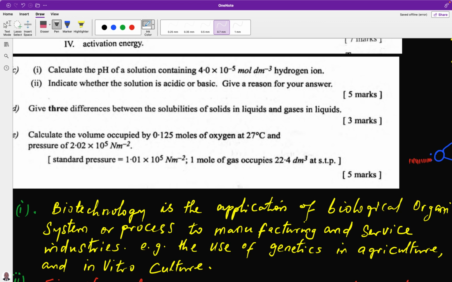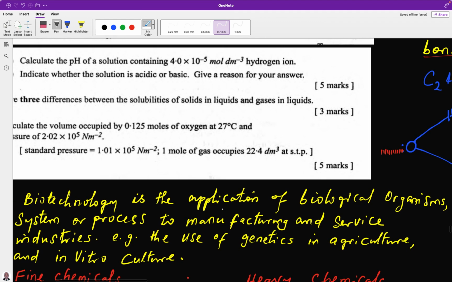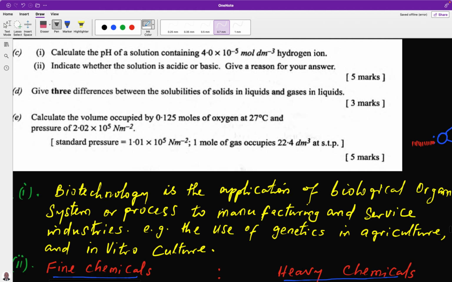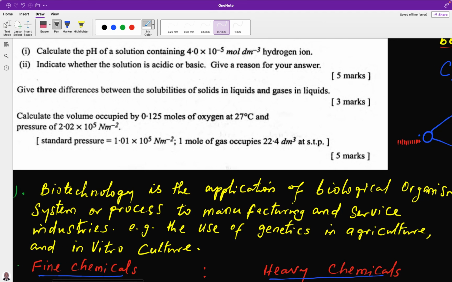Our agricultural yield or produce are higher nowadays than before, with crops, with animals, and even human beings, because of biotechnology. So, what is biotechnology? That is 5C1.